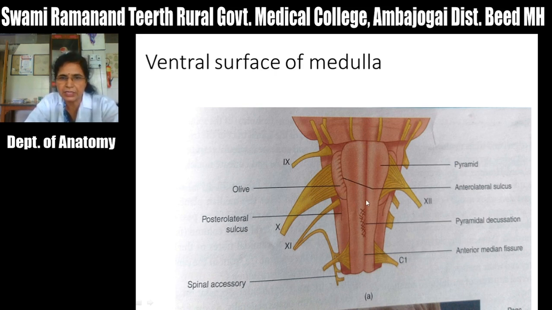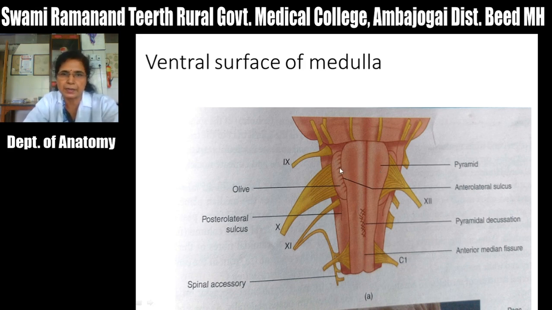The anterior median fissure continues inferiorly with the anterior median fissure of the spinal cord. In the lower part of the medulla, this fissure is obliterated by the fibers of the pyramidal decussation. On each side of the anterior median fissure, the anterior surface of the medulla shows a longitudinal elevation called the pyramid, produced by the presence of corticospinal fibers.